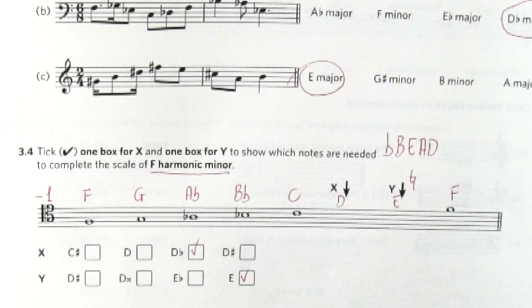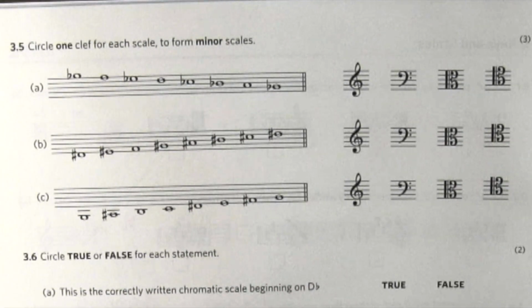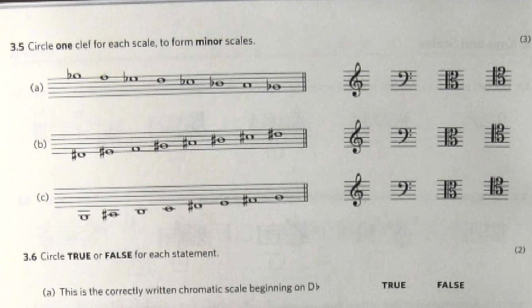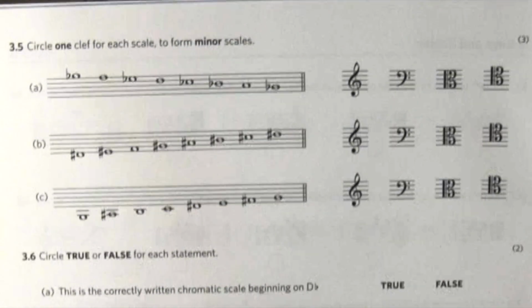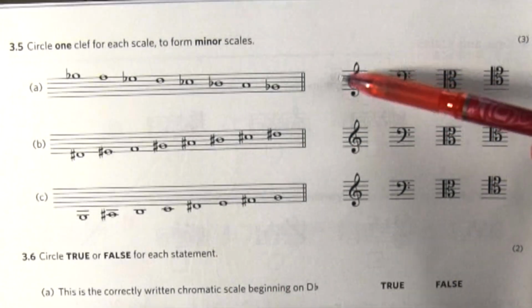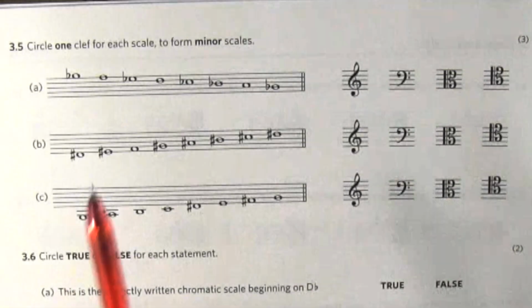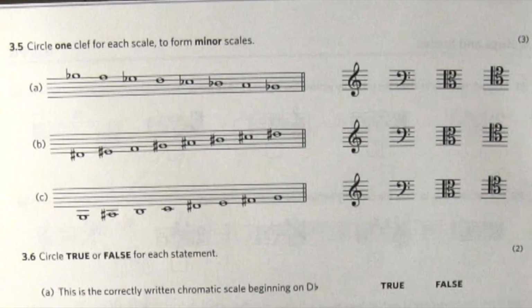Anyway, question 5. Okay, this is another long question, but don't be put off by these long questions, because sometimes we have very, very short questions, so you can compensate for that with these. We need to circle one clef that would make this scale a minor scale that could exist or is correct.